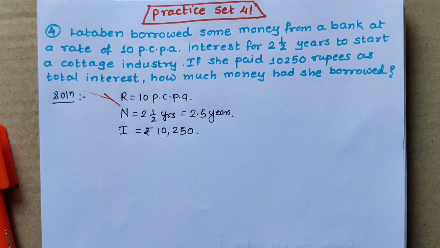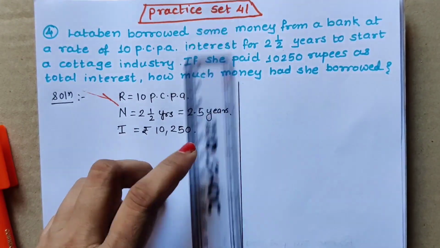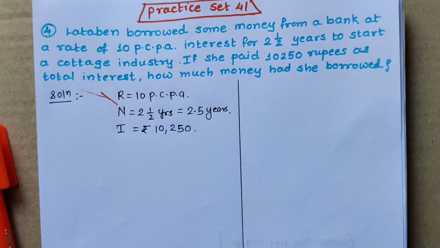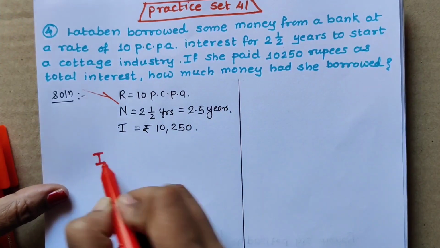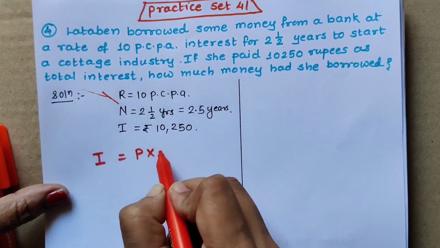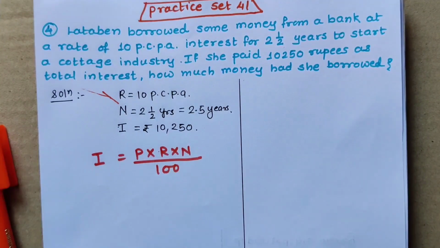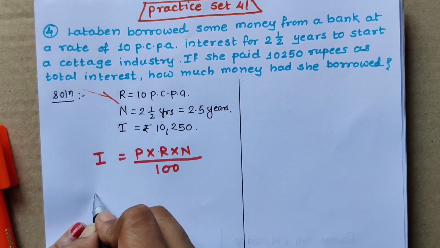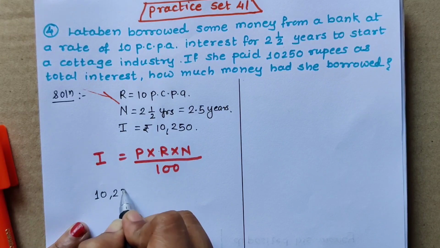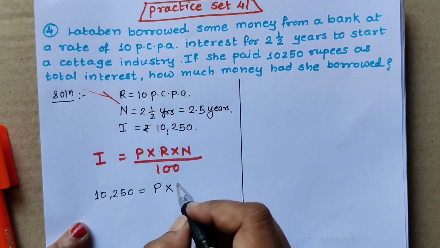So we will be using the formula. Okay, so write the formula. I is equal to P multiplied by R multiplied by N upon 100. Now put the values. I value is 10,250. P value we have to find out. P as it is, write down.